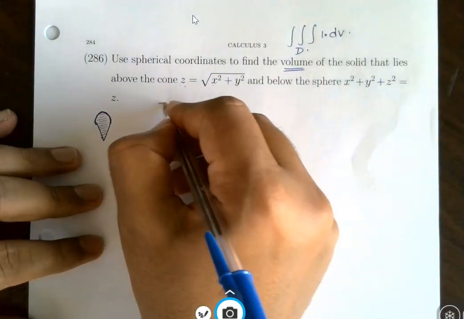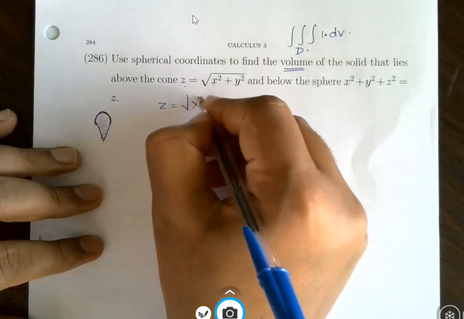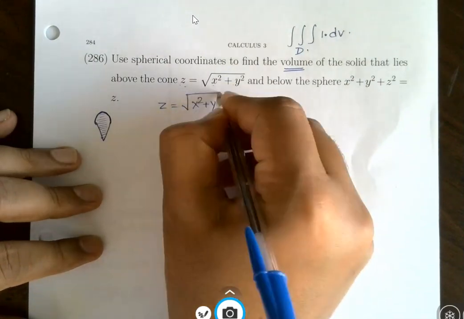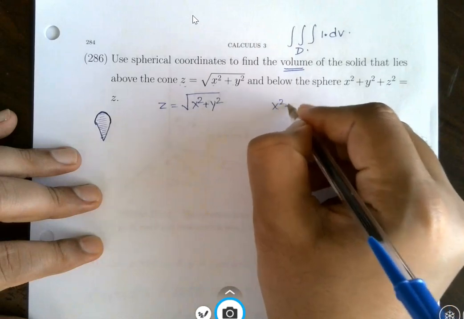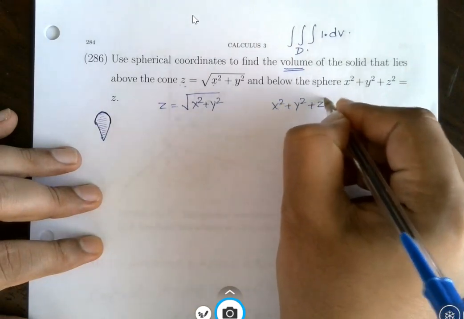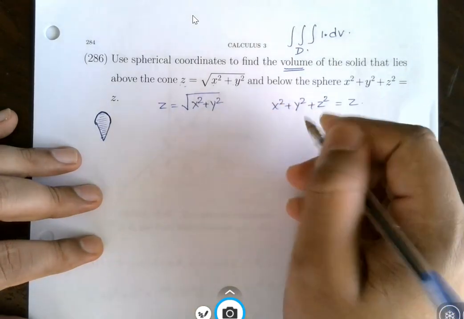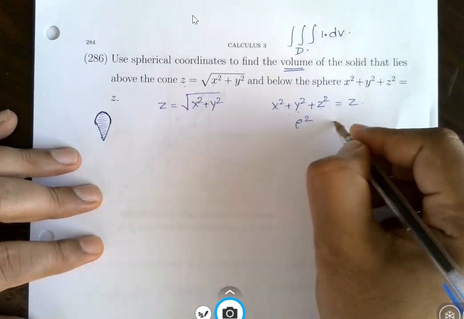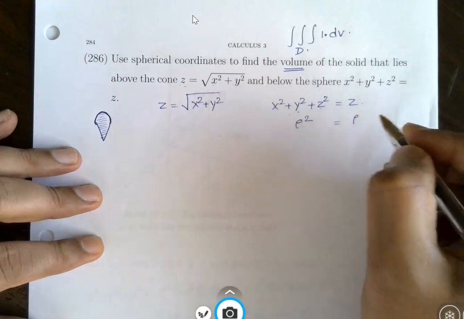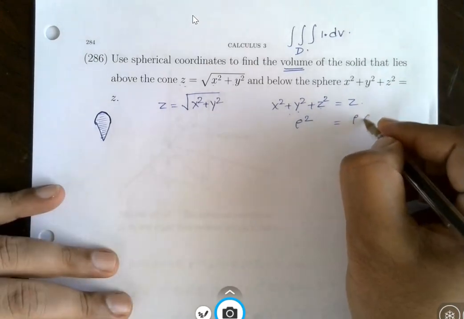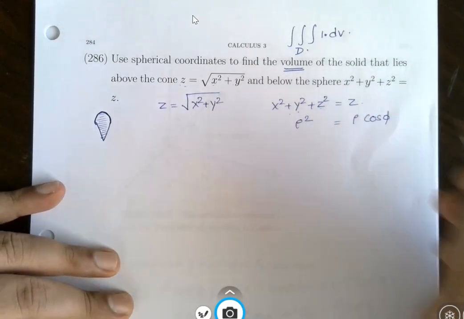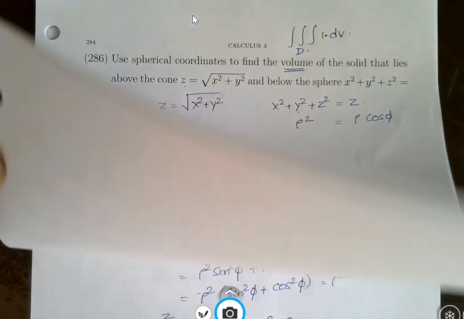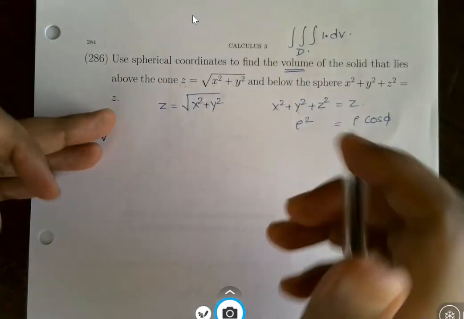So let's start with this one. z is going to be square root of x squared plus y squared, and the next one is x squared plus y squared plus z squared equals z. That's going to be rho squared equals z, and z is rho cosine phi.